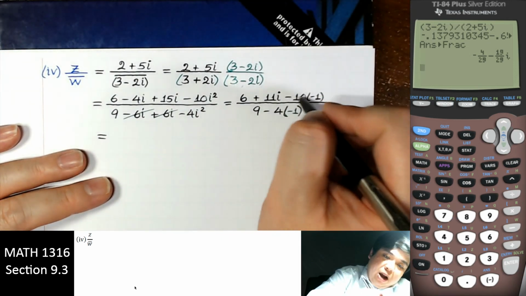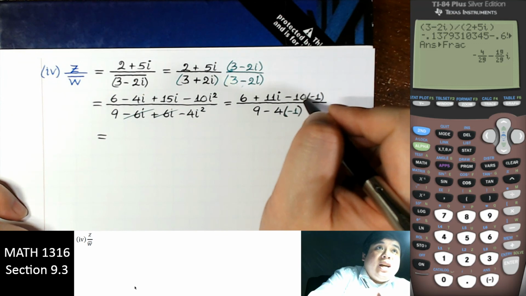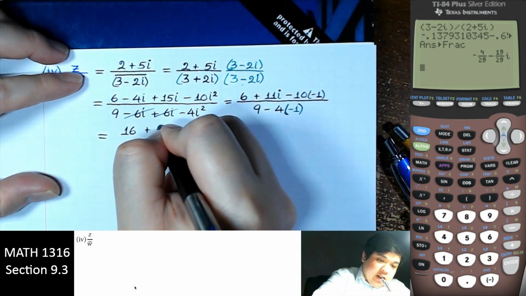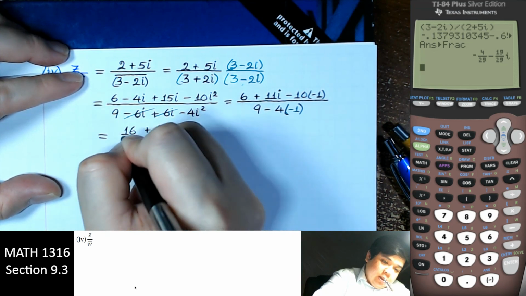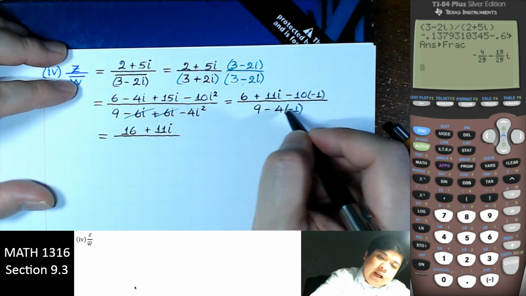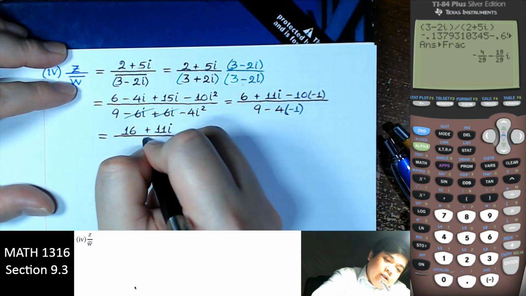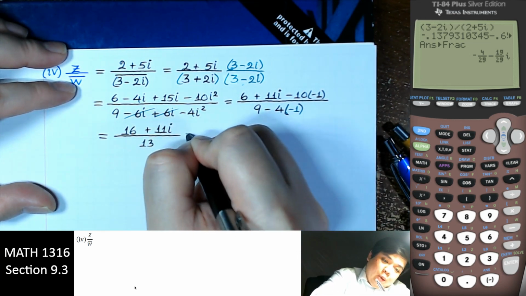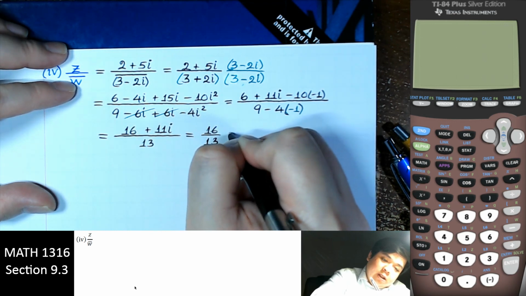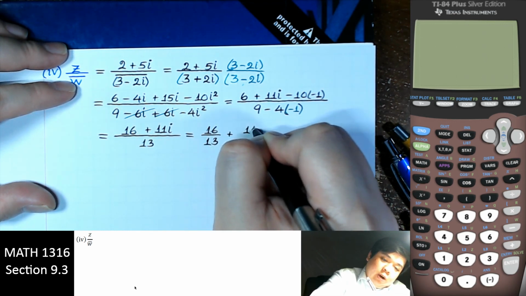So we have 6 minus minus, so that's 10 and 6, that's 16, plus 11i. And then 9 plus 4, 13. And we will split: 16 over 13 plus 11 over 13 i.